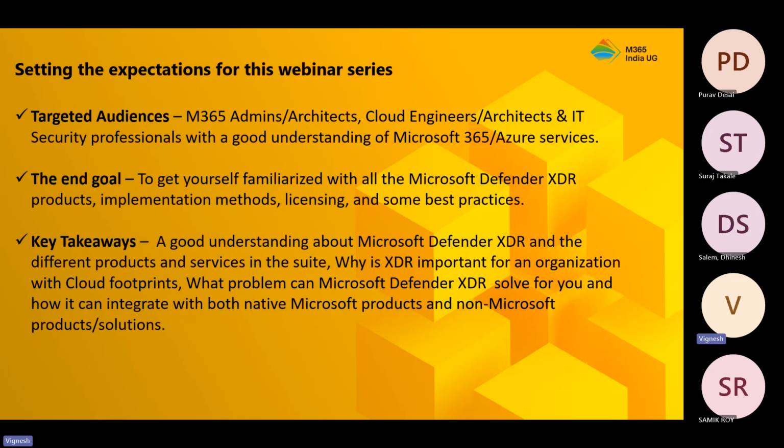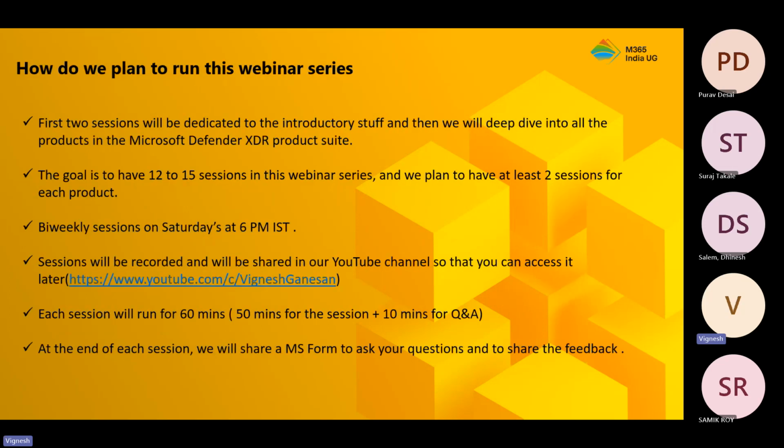And then, how do we plan to run this? If you've already been joining our webinar series, you would understand the drill by now. For the first two sessions, it was more introductory. From then onwards, we decided that we should double click into each product and go from there. That's what we've been doing.